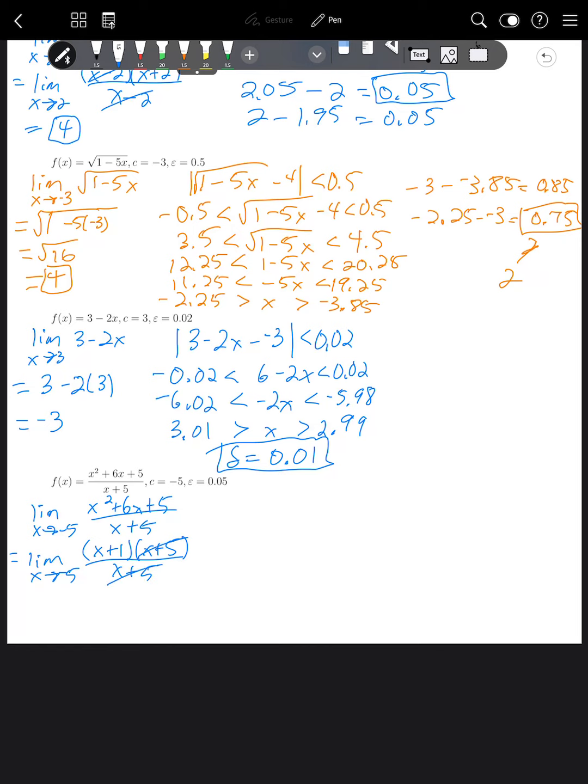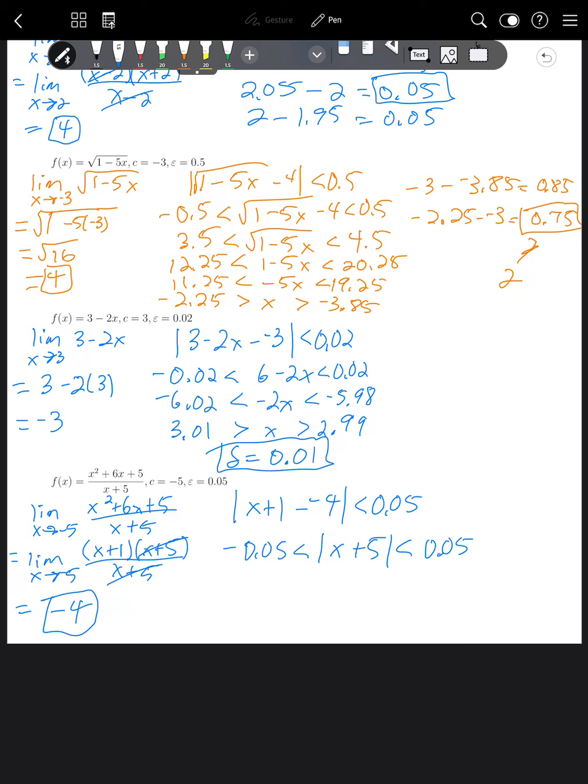Cancel out the x plus 5s and plug in negative 5, and you get negative 4. Once again, use the already simplified version. So x plus 1 minus a negative 4 is less than 0.05, so that's negative 0.05 is less than x plus 5, which is less than 0.05.